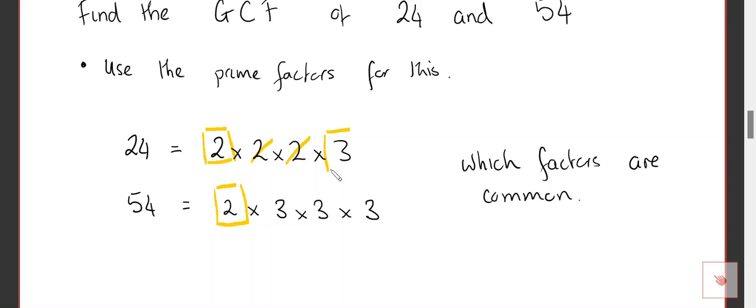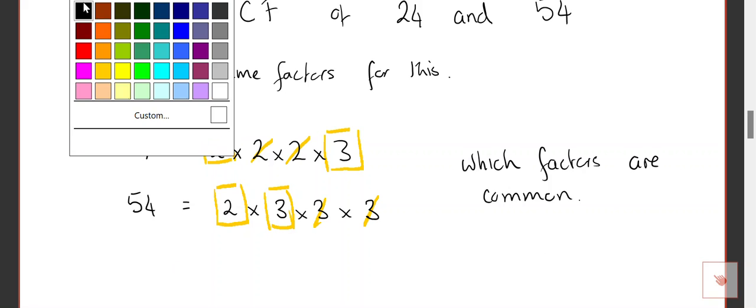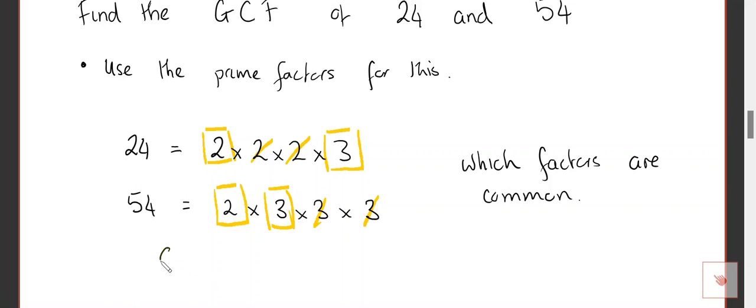But there is a 3 in this one, and then that's it. So we forget those ones. And we write out that the GCF is 2 times 3, which equals 6. Okay? So that's how we found it.